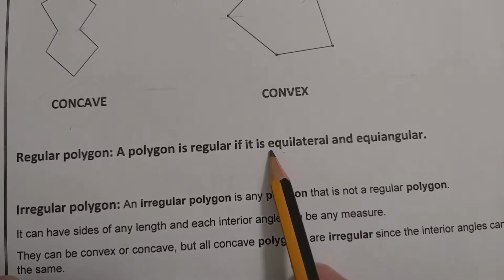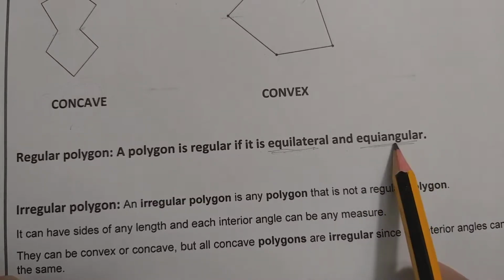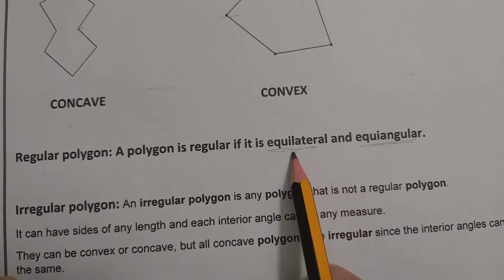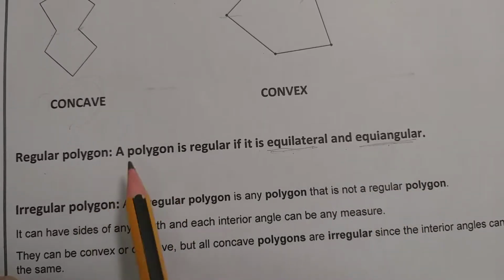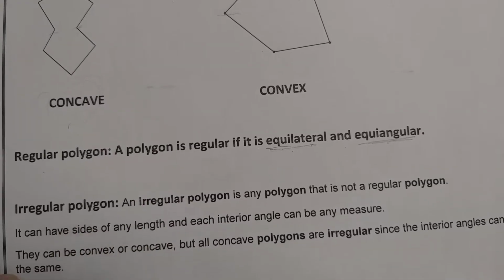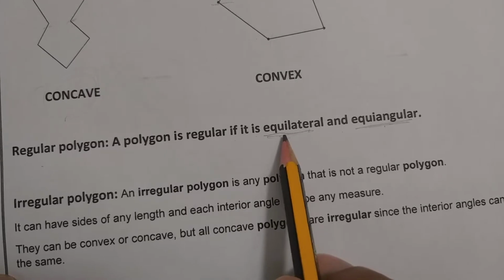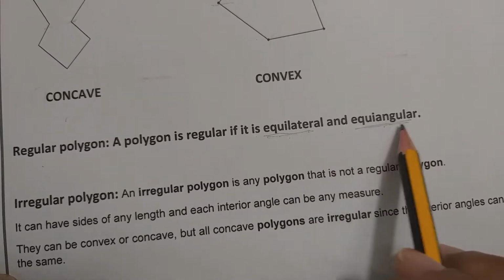It means the sides are congruent and the angles are also congruent. Then it would be regular. If the sides are not congruent and the angles are not congruent, it is not regular. It would be irregular. So for a regular polygon, everything should be the same: the sides are the same, and the angles must be the same.